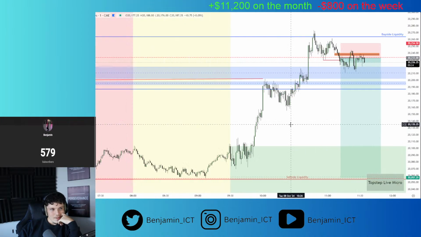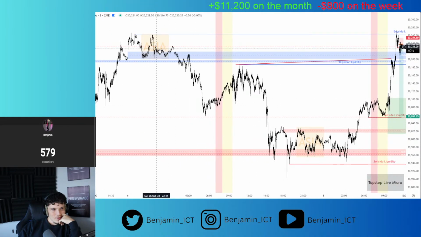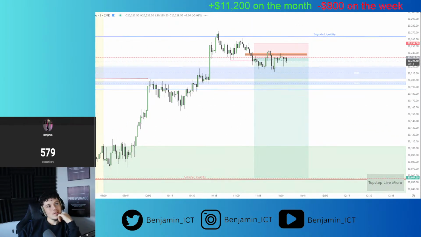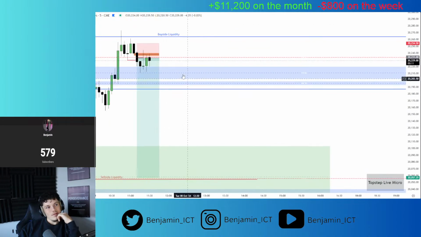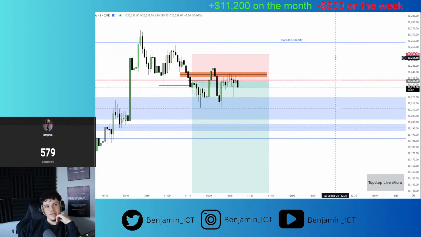When are we gonna get like a fat displacement? Something like this. No? Give me this. Straight to the downside of those relative equal lows. Right, 5 minute SIBI still being respected. I still think we're gonna sell off here.